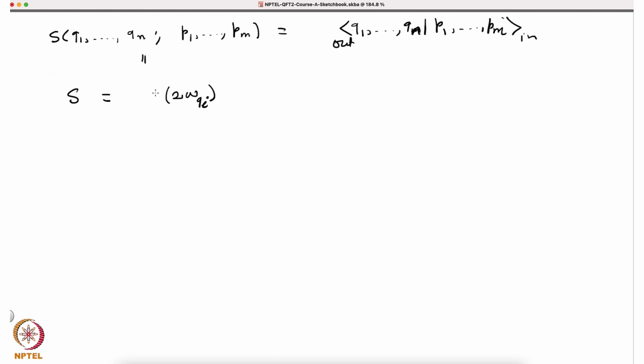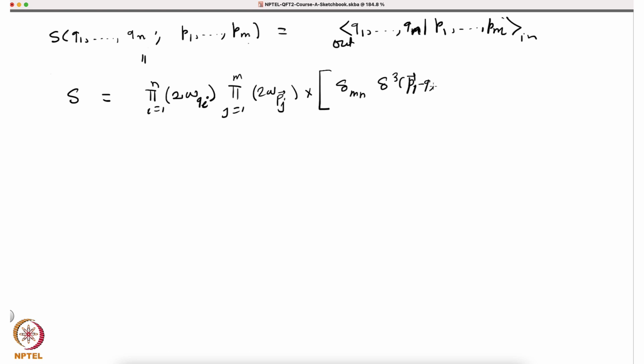These are coming from the normalization of the states. So what is it? This is N and this is M. And then you have delta Mn, because when you are looking at free theory, M and N have to be the same. So whatever particles you have in the initial state, the same number of particles you should have in the final state.